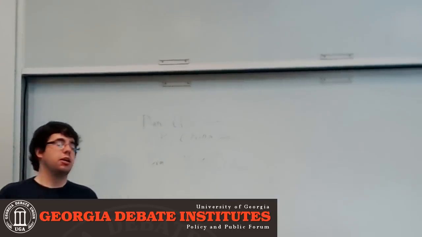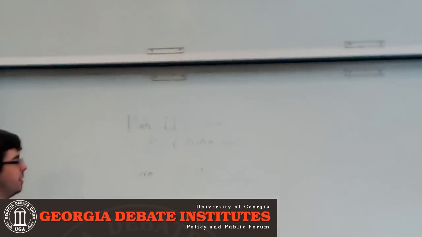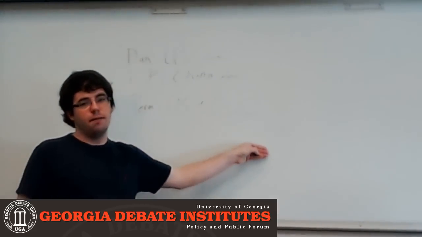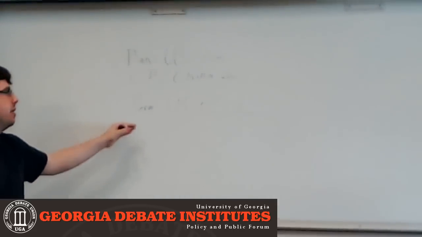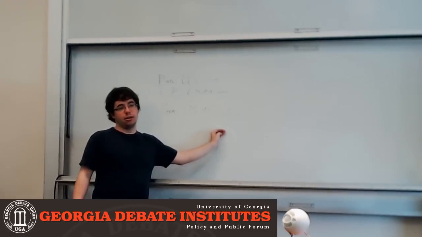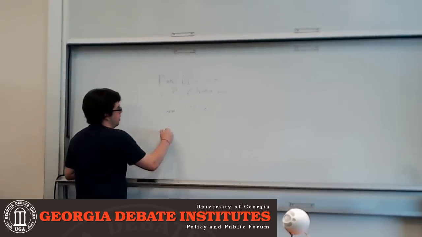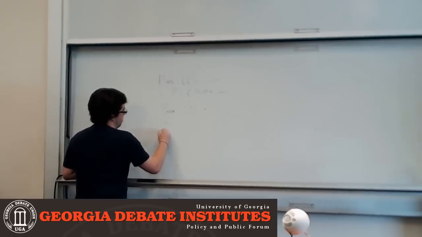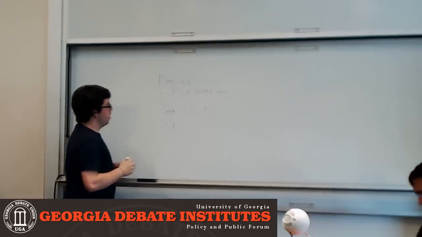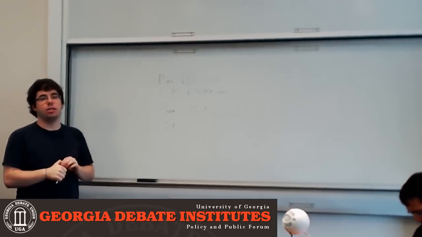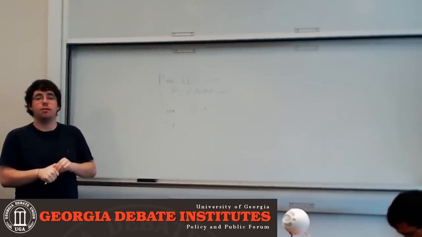So the affirmative, to win this permutation, needs to have evidence that they can work together. The 2NC will just say that the U.S. and China can't work together, right?